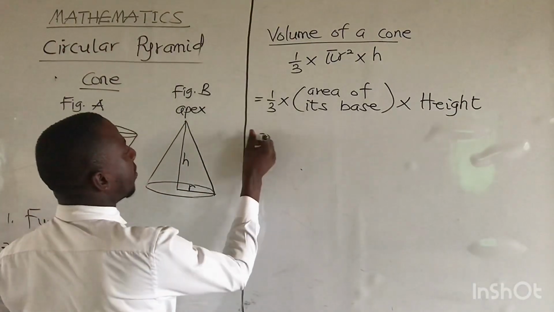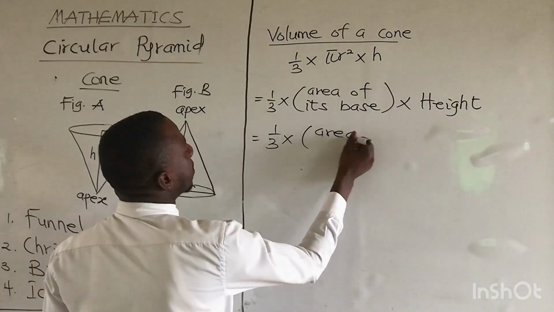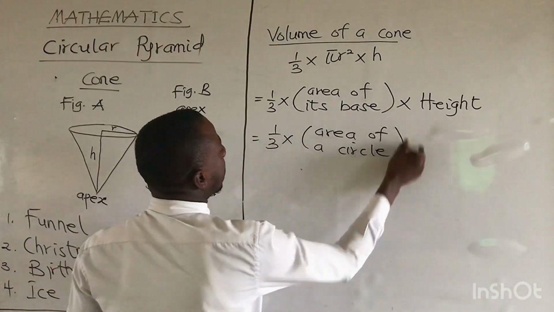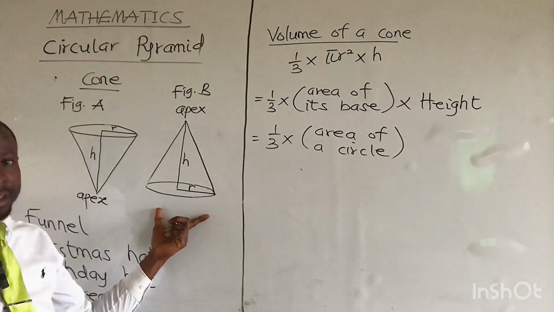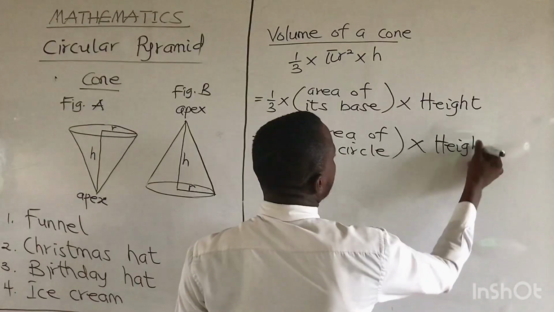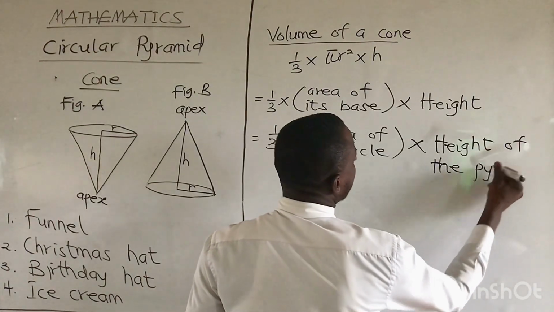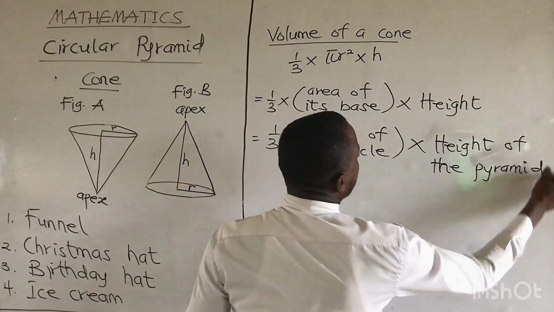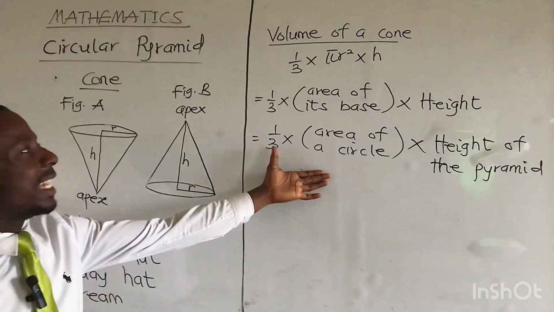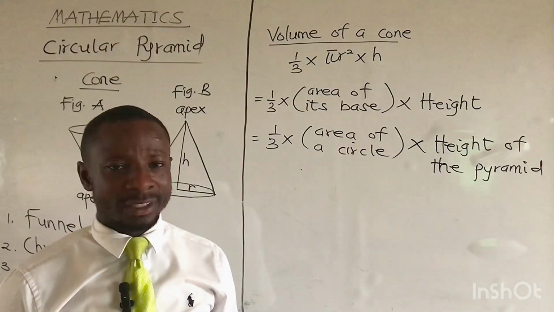So we have 1 over 3 times the area of a circle, since the base is in the form of a circle, times the height of the pyramid. Basically, this is how we find the volume of a cone.